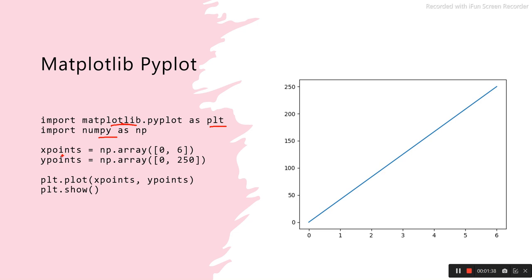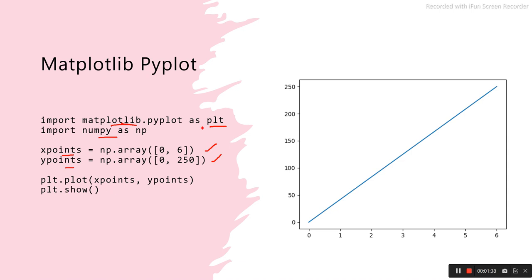As you can see here, I have two arrays, x points and y points. This is nothing but a numpy array, np.array of 0, 6 and np.array of 0, 250. With these two, x and y, I am going to plot the graph.